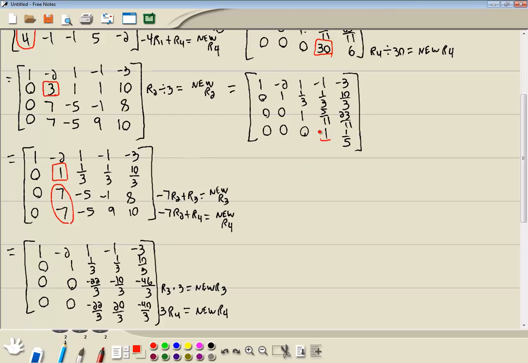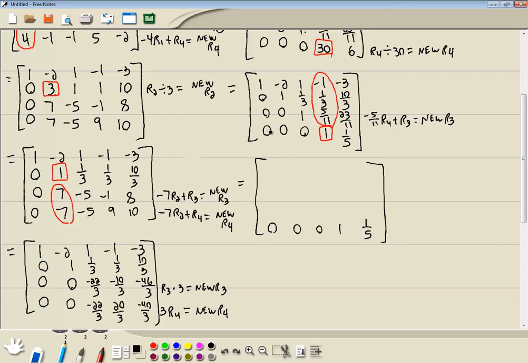We'll go backwards. We want a 1 here, which we already have, and we want to get zeros above it. So I'm going to take -5/11ths times row 4, and I'll add that to row 3, and that's going to give us our new row 3. 0, 0, 0, 1, 1/5.